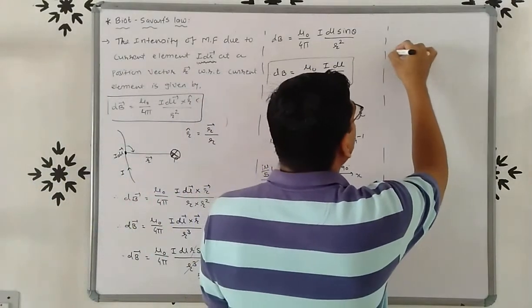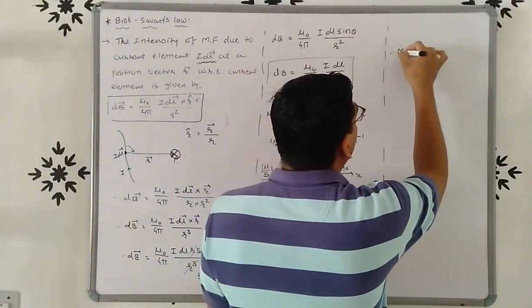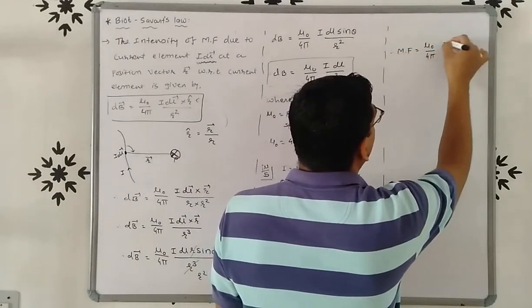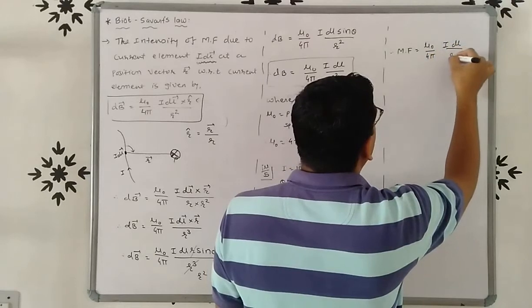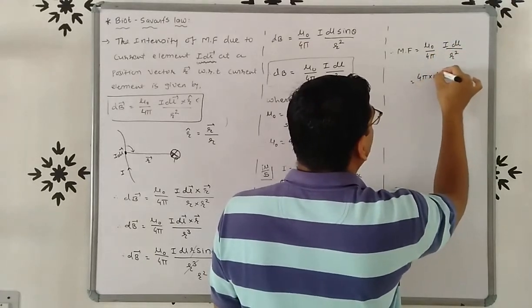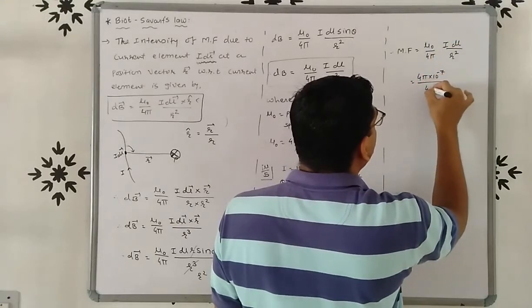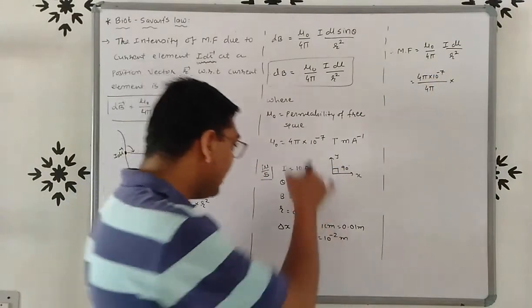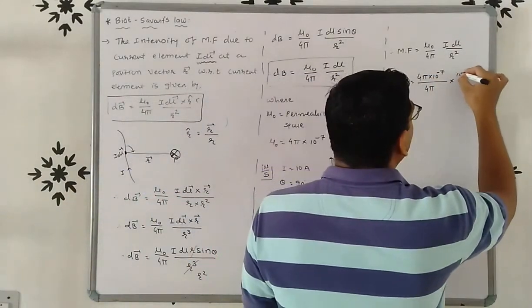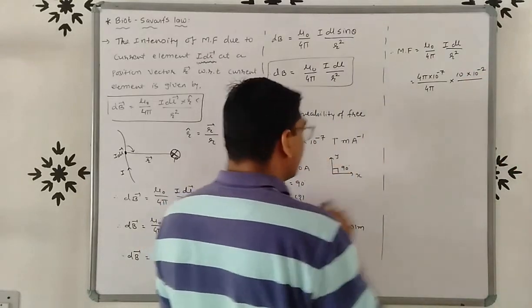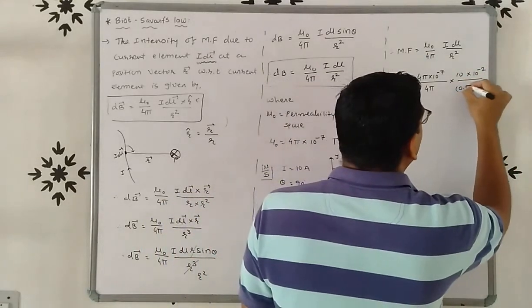So the value of mu 0 is 4 pi into 10 raised to minus 7 divided by 4 pi into Idl, value of I is 10 and value of dl is 10 raised to minus 2, upon r square, that means 0.5 whole square.